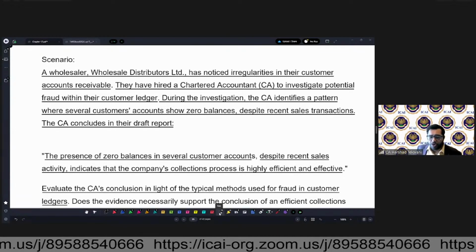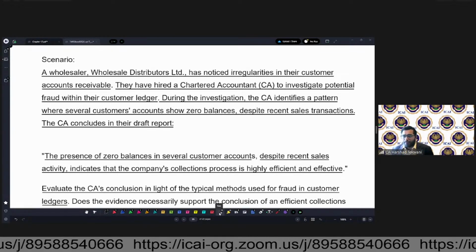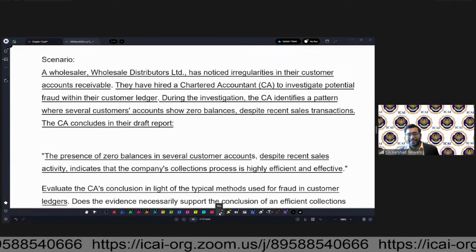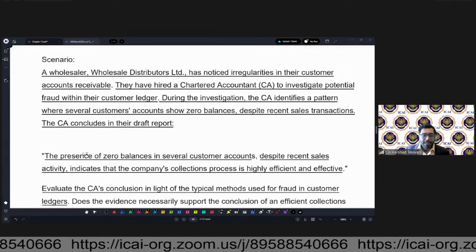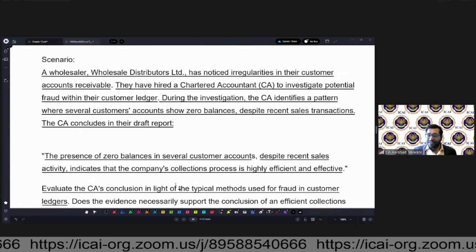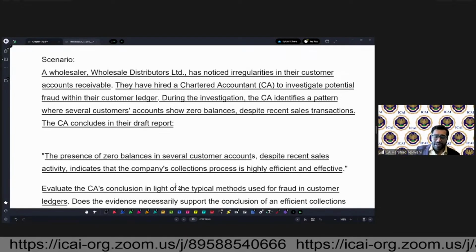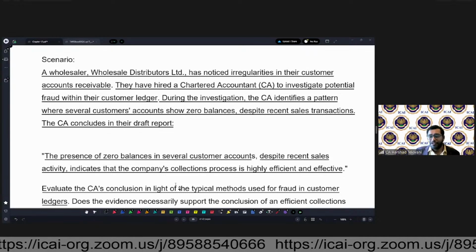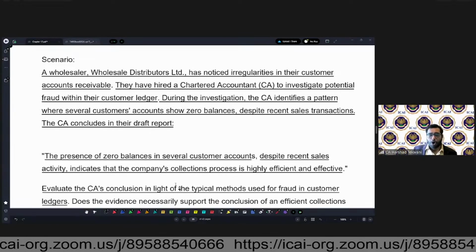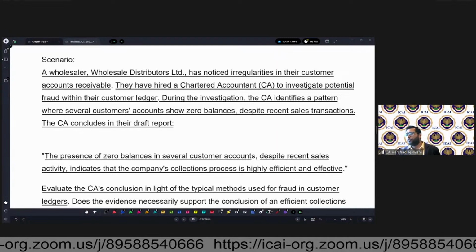So here you need to evaluate whether the reporting done by the CA is appropriate or not. That is, zero balance in several customer ledgers after recent sale activity indicates that the company's collection process is highly effective and efficient. Is it so? Or what could be the other type of fraud which could be involved in this?